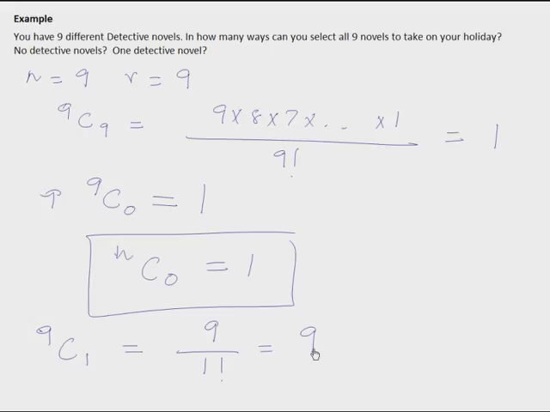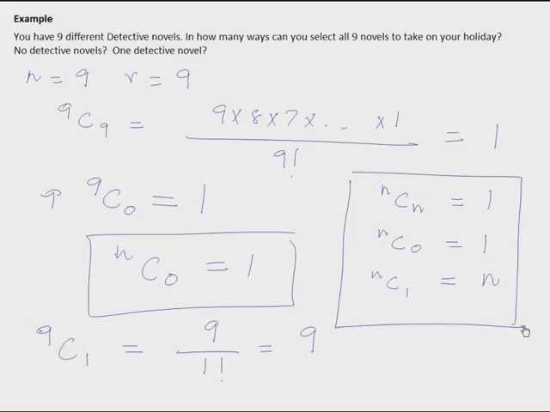I just pick any one of them. So essentially, we've learned all the extreme cases. We've learned what nCn is, that's always 1. What nC0 is, that's always 1. And what nC1 is, that's always n. You don't need formulae to figure these out. You just need common sense.